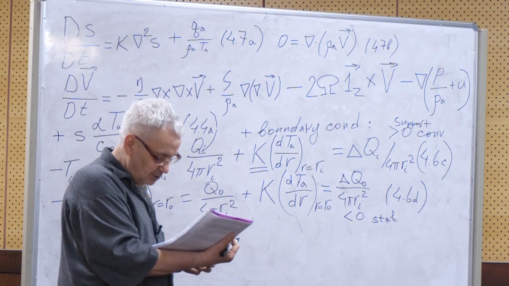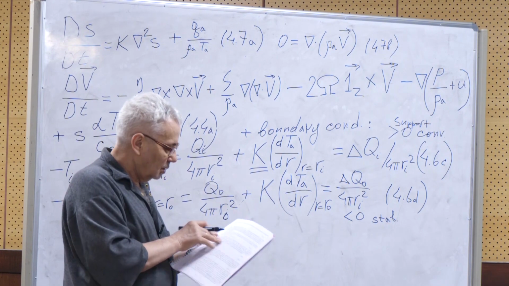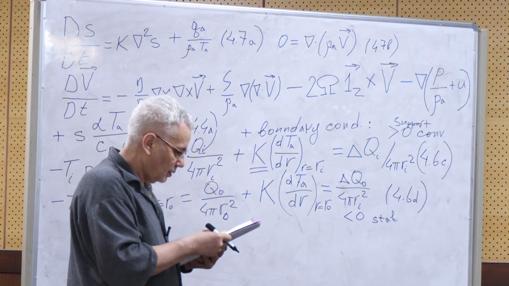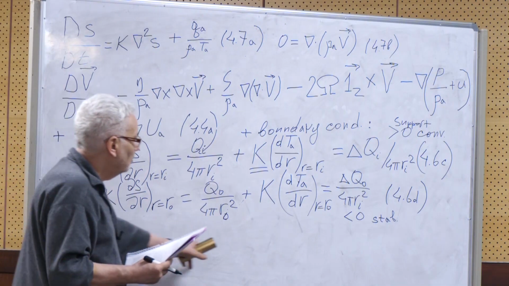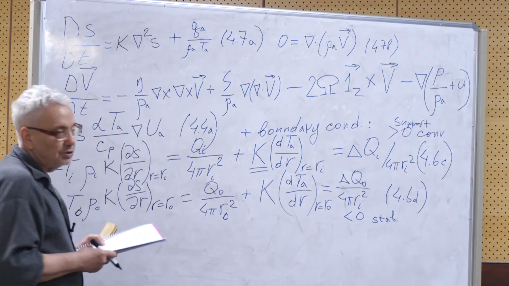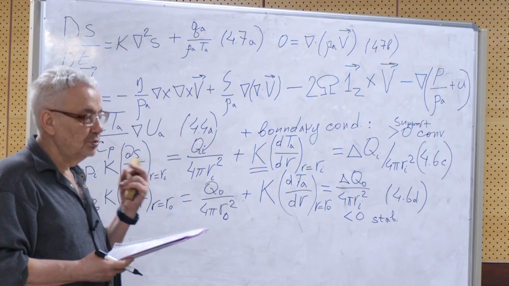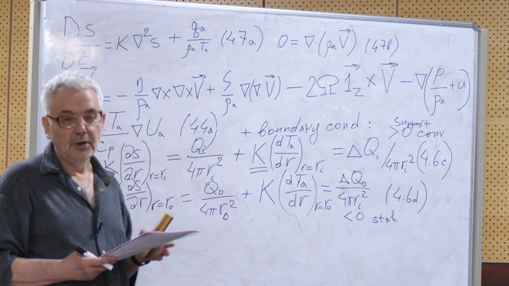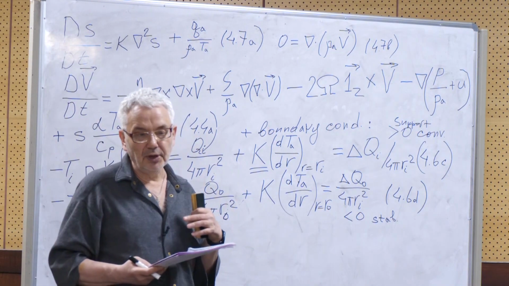Then we should proceed to the boundary conditions for velocity. Let's write them down. For velocity, we have 6 boundary conditions, because the velocity has 3 components, and we have components on the outer boundary and on the inner boundary.